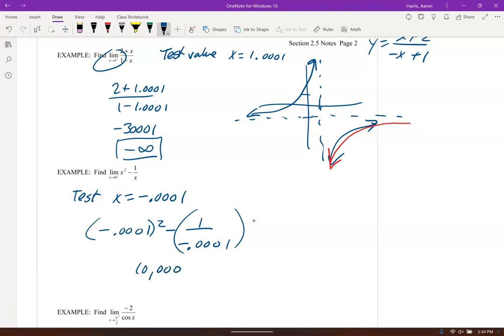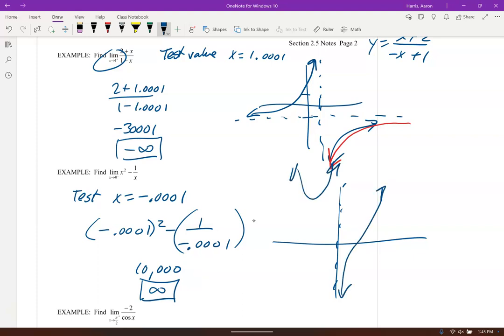So hopefully you conclude the limit does not exist, but this thing is shooting up. I could check another point even closer to 0 from the left. If you graph this, it has that vertical asymptote and looks kind of interesting, but as we approach 0 from the left, you notice it's shooting up.